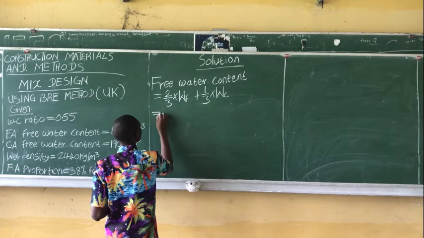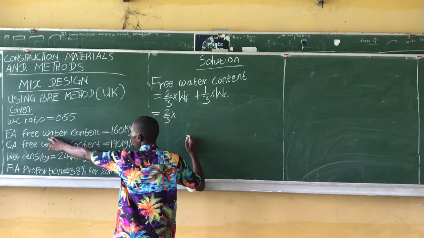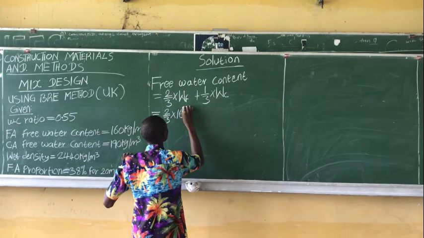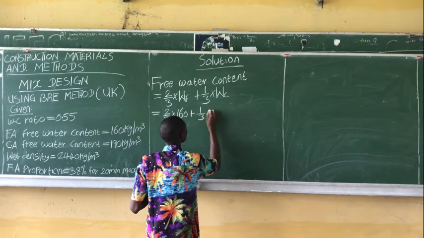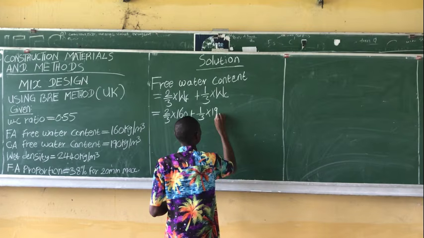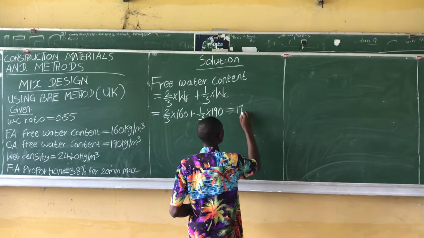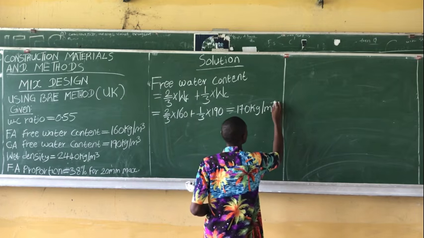So we have 2/3 times the free water content for fine aggregate, which is 160, plus 1/3 times the free water content for coarse aggregate, which is 190, and this gives us 170 kilogram per meter cube.